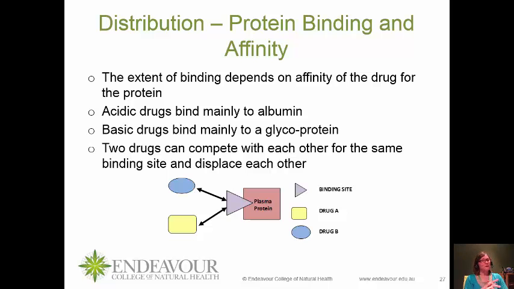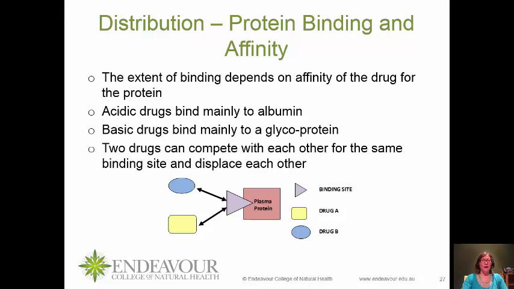Basic drugs likewise will have a plasma protein, but it's often a glycoprotein that they bind to. So these basic drugs might have amino functional groups on them. Other drugs that might also be acidic in nature might compete with that first drug for their binding site, in this case being an acidic drug.